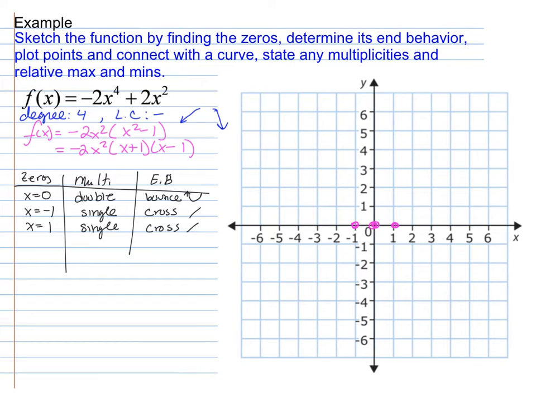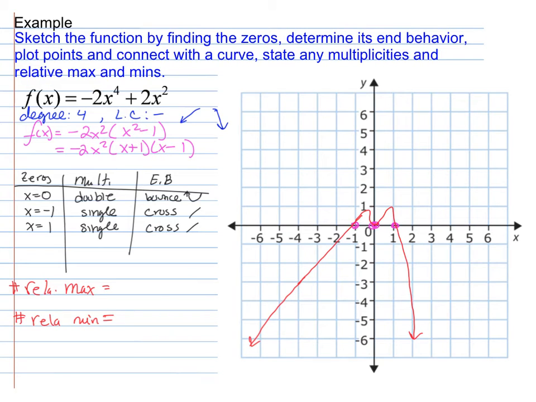And we know that our graph is falling on the left. At -1 it's going to cross. At 0, it's going to bounce, and then it's going to cross again. So it should look something very similar to that. Then we have our number of relative maxes and our number of relative mins.